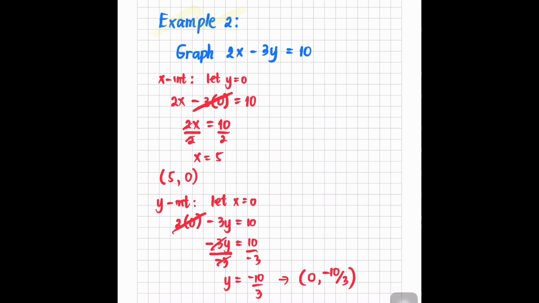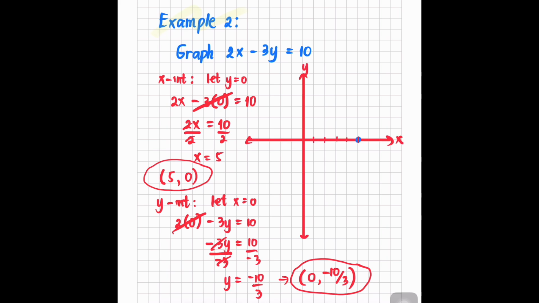So now we have the information that we need. Our x-intercept is at 5, 0, and our y-intercept is at 0, negative 10 over 3. Negative 10 divided by 3 is negative 3.33, so you can just estimate that.